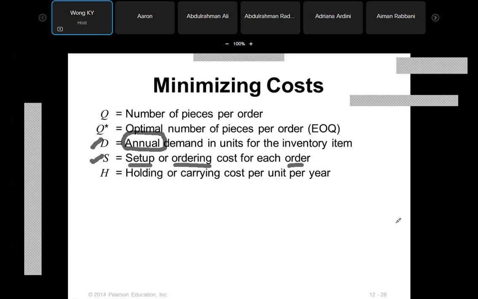It's the setup or ordering cost per order, meaning for each order. And H is the holding cost or the carrying cost per unit per year. Remember this, H has to be the holding cost per one unit per year. If it is not per unit or per year, you have to convert it to per unit per year.